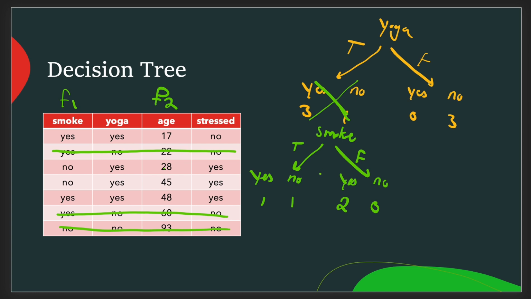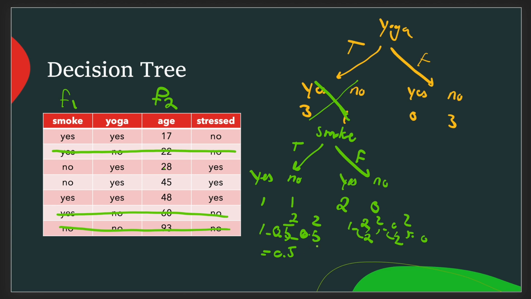So in this case, it's 1 minus, what's the probability of yes? Like 0.5. This is 0.5 squared minus what's the probability of no? That's also 0.5. So 0.5 squared, which is 0.25. So that's 0.5. And this is 1 minus 2 over 2 squared minus 0 over 2 squared, which is 0.